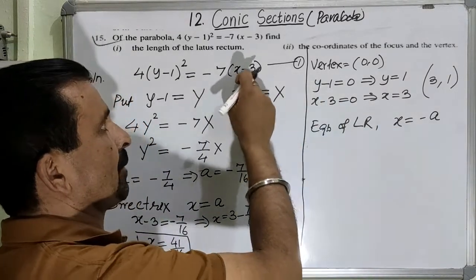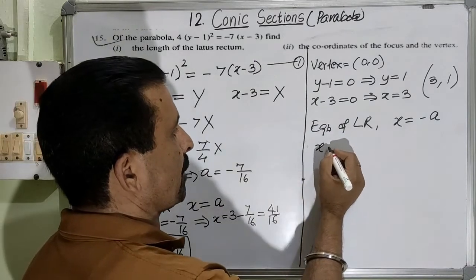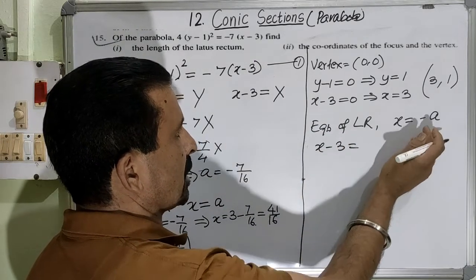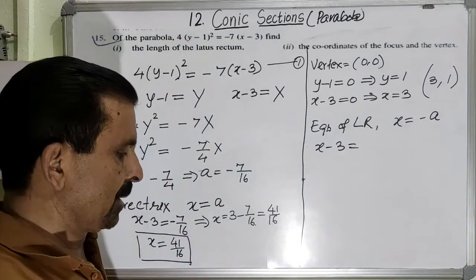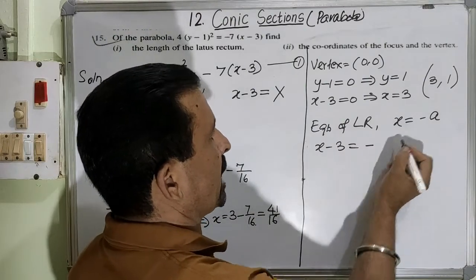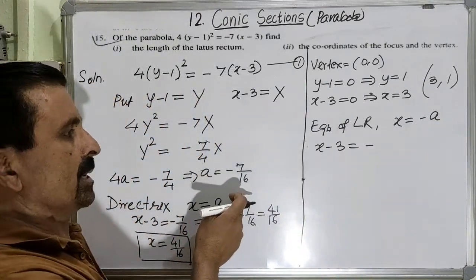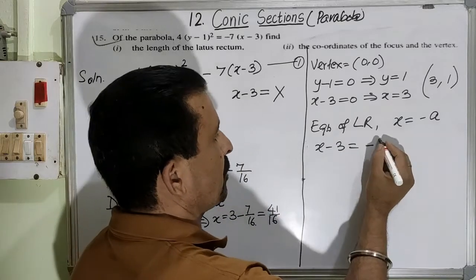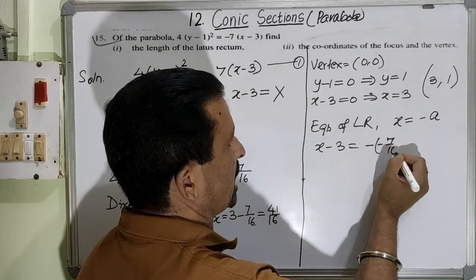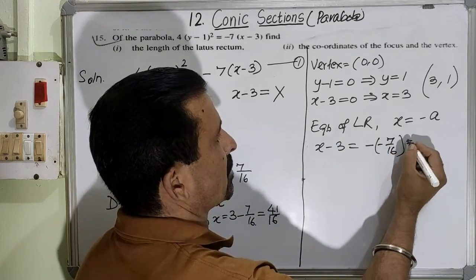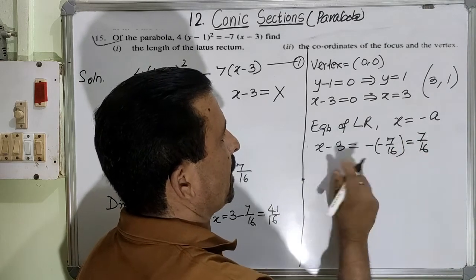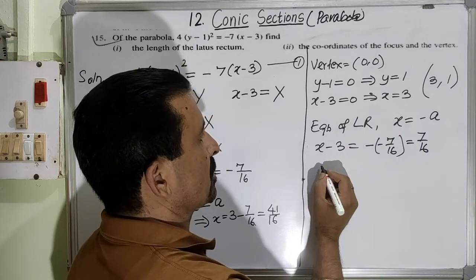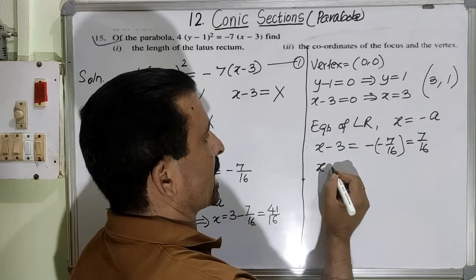This x we can have it from x minus 3 here. On comparison, x minus 3 is equal to minus a, and your a is minus 7 over 16. So we can have this as minus 7 over 16. Now when we open the bracket, this will become 7 over 16, and this minus 3 we will send to that side, so that we can have the equation of the latus rectum.